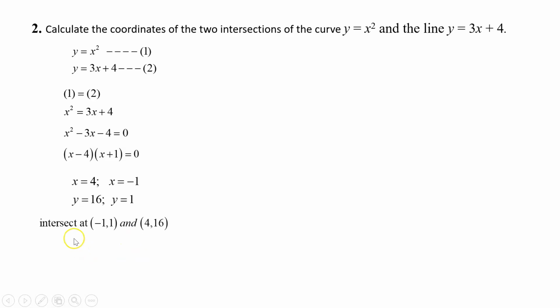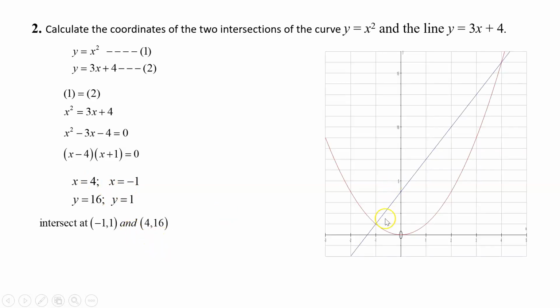So the coordinates of the intersections are minus 1, 1 or 4, 16. And if we look at the graph, there's the y equals x squared in red, and the line y is equal to 3x plus 4 crosses at the point minus 1, 1 and 4, 16.